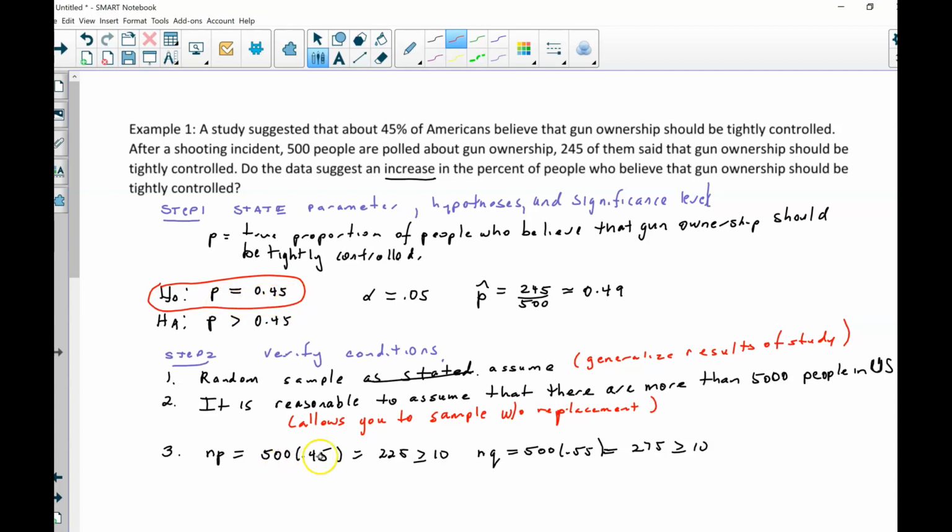Therefore, it must be used in that condition and in our actual calculations of our test statistic. The purpose of that third condition is it allows us to apply a normal model to the sampling distribution.